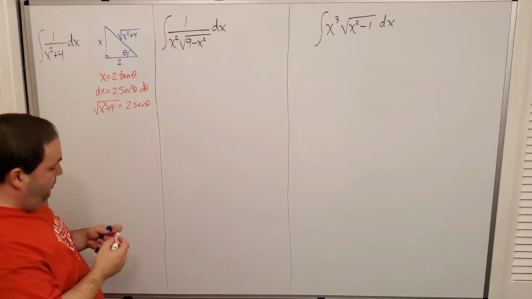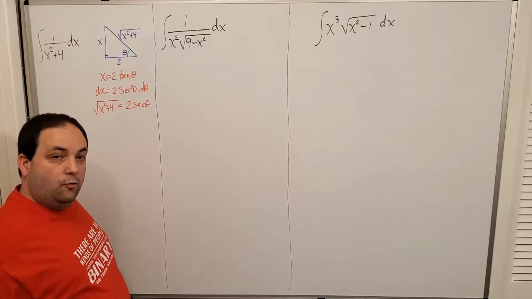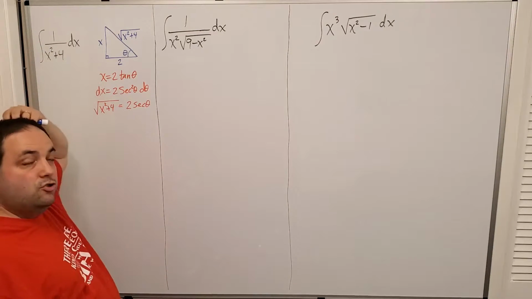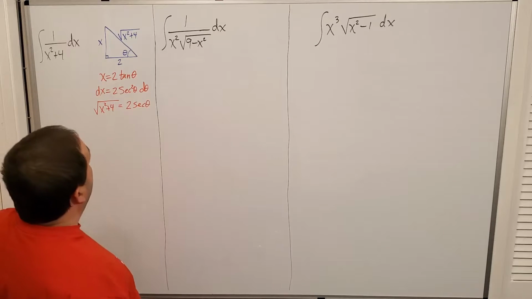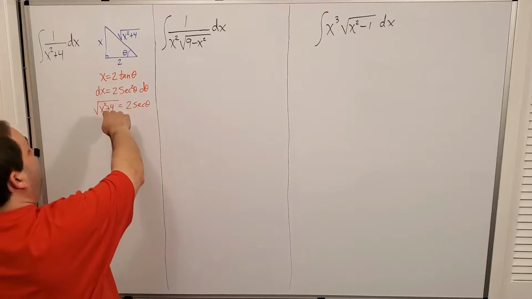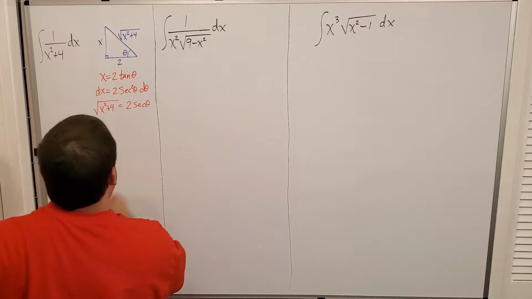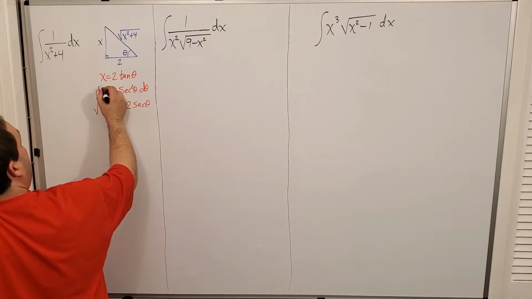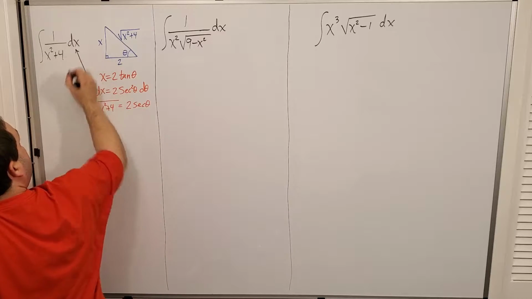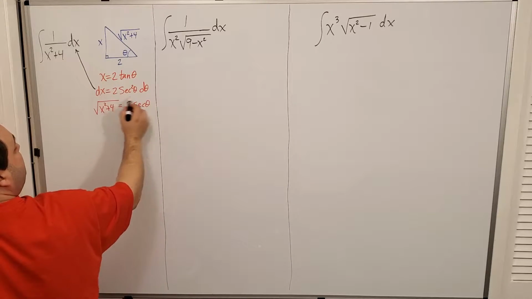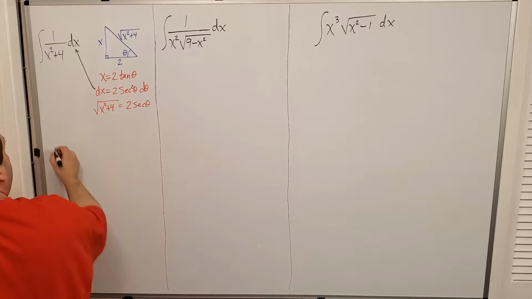So there's my 3 pieces of data that I need to read from the beginning triangle there. And now I'm going to use those 3 to substitute. Okay? So first thing I notice is that, of course, I can replace my dx with the 2 secant squared d theta.